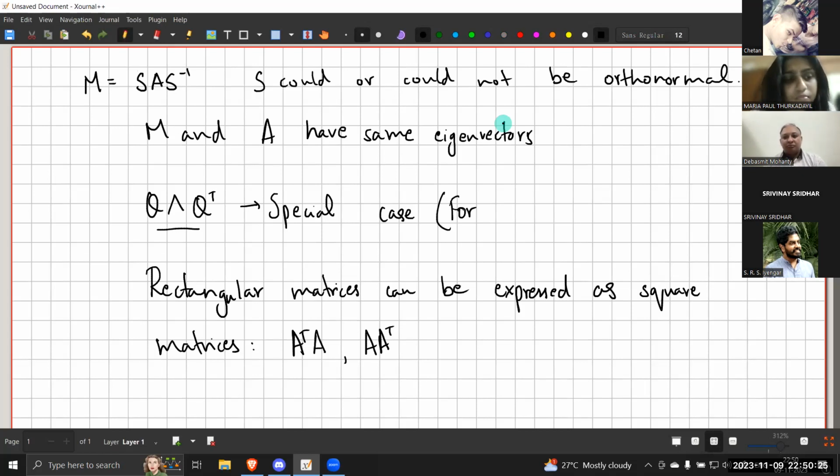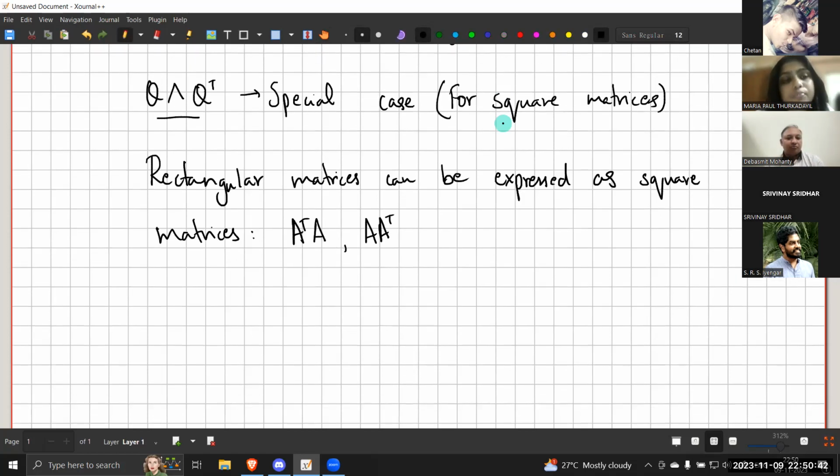Your Q is the eigenvectors of A transpose A; in place of Q inverse you put V transpose. Maybe I'm telling it the other way around. You can just write it down with a pen.